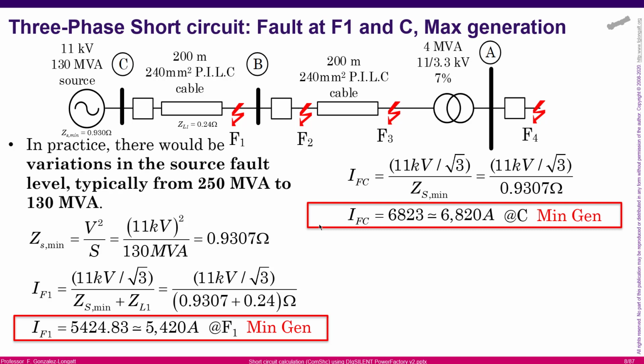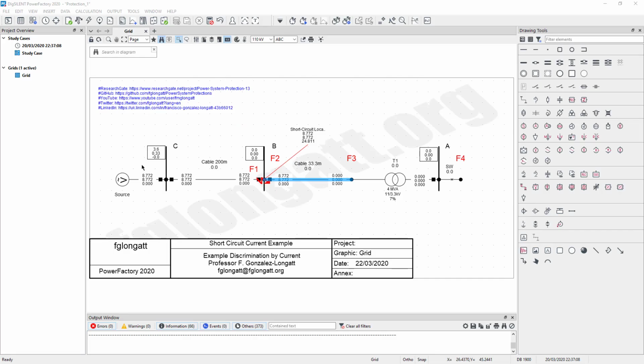Well, it's very simple. As you can see over there, there is a simple calculation to obtain the series or the source impedance. In this case, the source impedance is 0.9302. Okay? What I will do now is go back to PowerFactory.